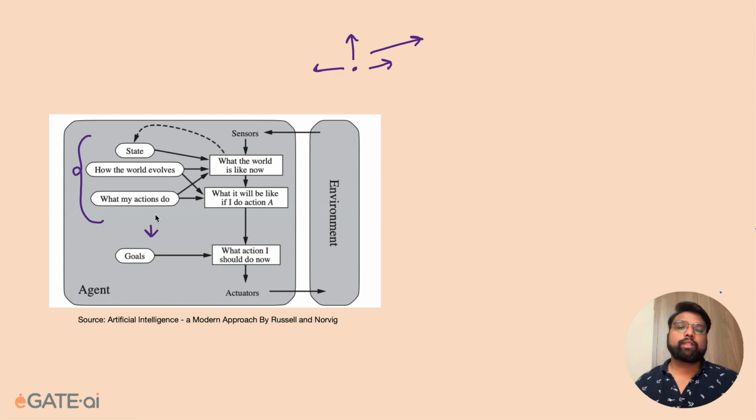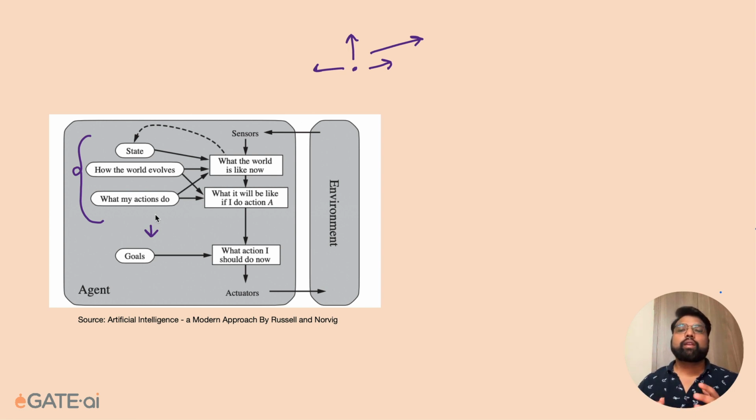Even though the goal-based agent sounds very nice because the agent can achieve its goal, there is one catch here: we are not talking about the performance of the agent. The agent will take some sequence of actions to achieve the goal, but we have to see which actions are good or which actions are bad. For example, if you want to go from New Delhi to Jaipur, you can reach the destination in multiple ways. But what is the best way to reach that destination?